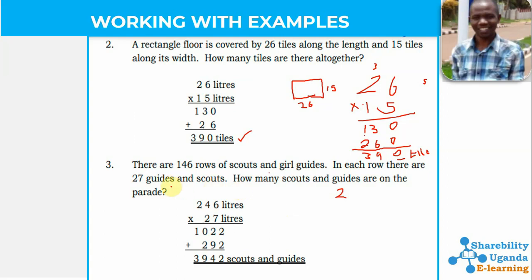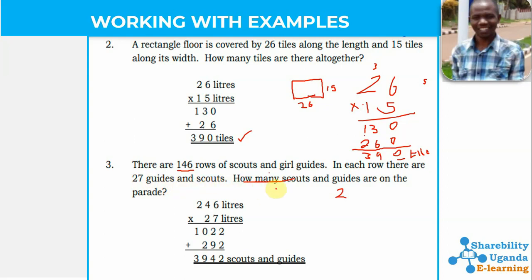Okay, let me see here. They are saying there are 146 rows of Scouts and girls. Okay, these are rows. Then they are saying in each row there are 27 guides and scouts.